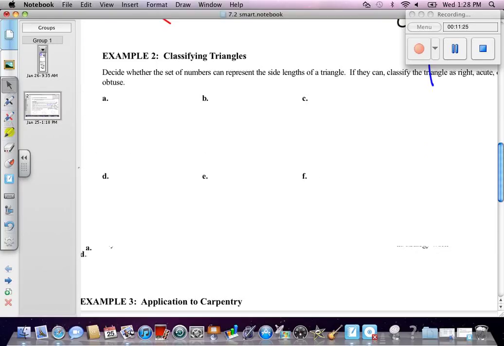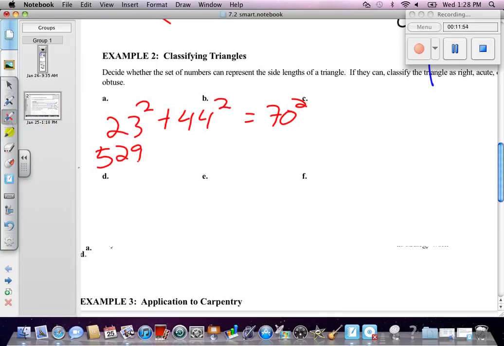Example 2 is practice with Pythagorean triples, and we're going to see if they make an obtuse, an acute, or a right triangle. So this is good practice again. Same concept. So we've got 23 squared plus 44 squared equals 70 squared. We don't really know if it's equal or not yet, though. So we get 529 plus 1,936 equals 4,900.